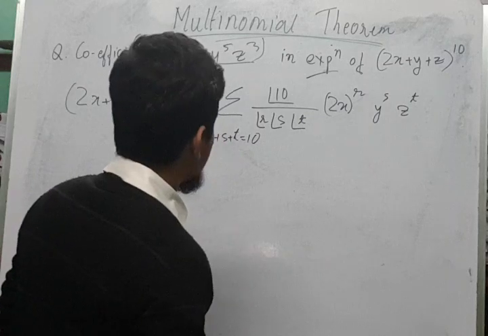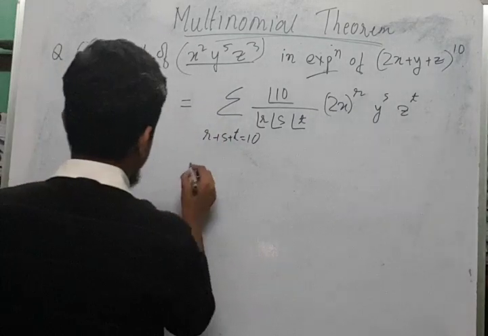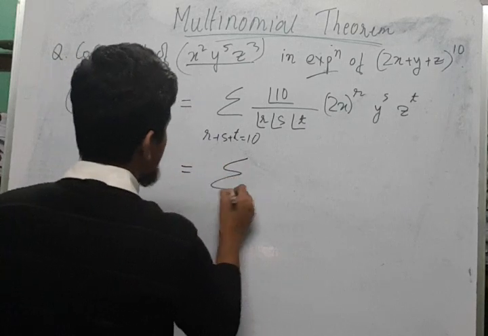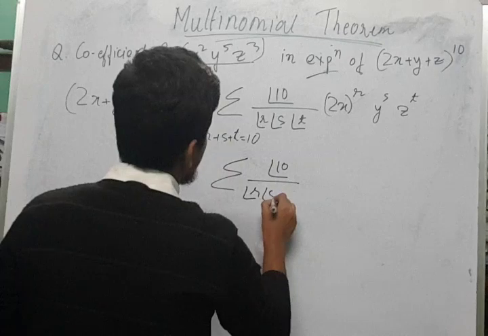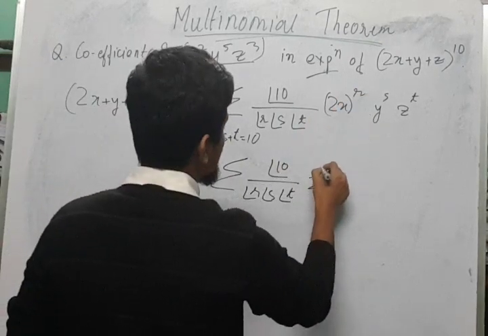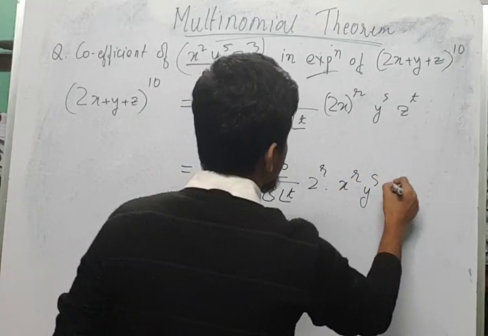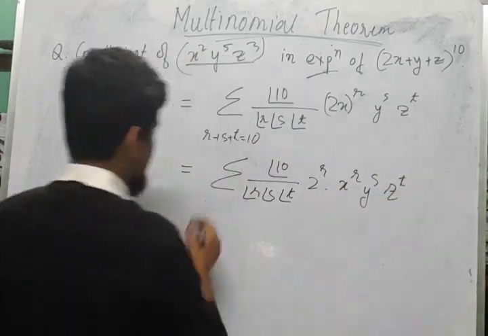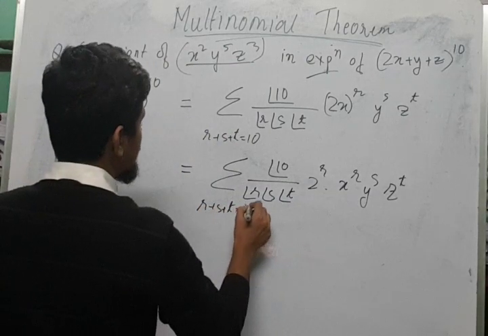So let's begin. This will ultimately give us the structure of the summation of 10 factorial by r factorial s factorial t factorial. Now this will give us 2 to the power r into x to the power r, y to the power s, and z to the power t, subject to the condition that r + s + t is equal to 10.